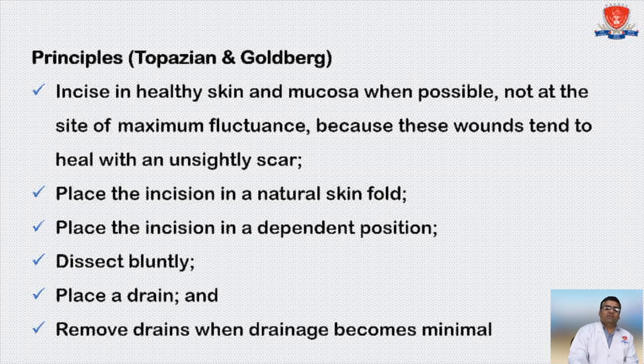Principles given by Topazian and Goldberg: make the incision in healthy skin and mucosa when possible, not at the site of maximum fluctuance, because these wounds tend to heal with an unsightly scar. Place the incision in a natural skin fold. Place the incision in a dependent position.